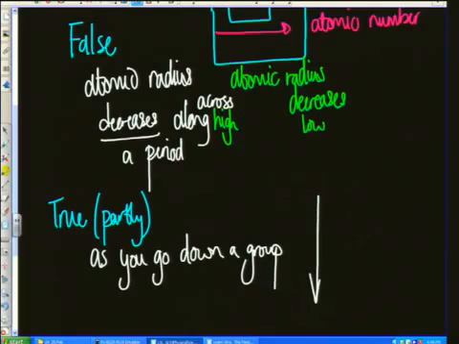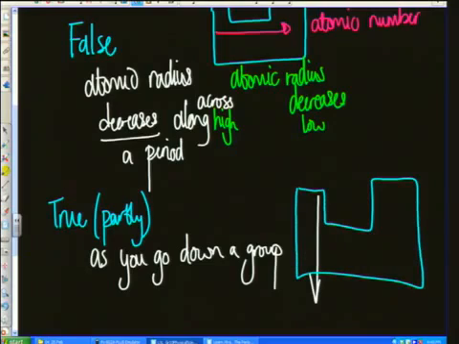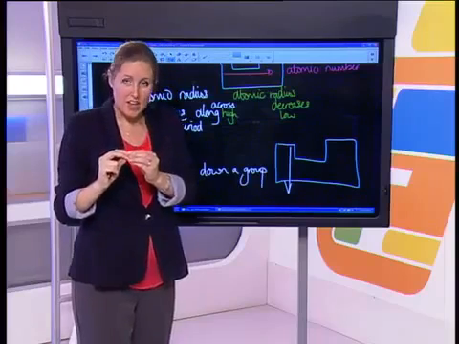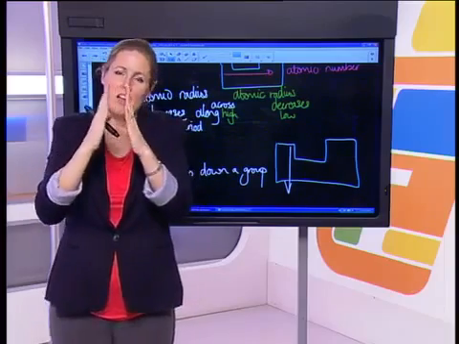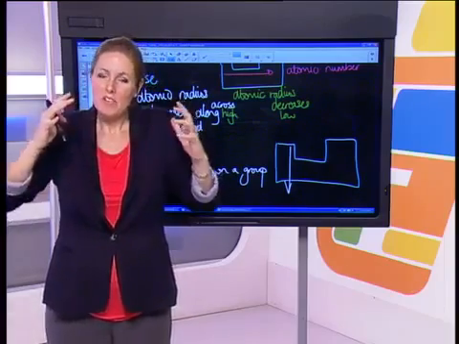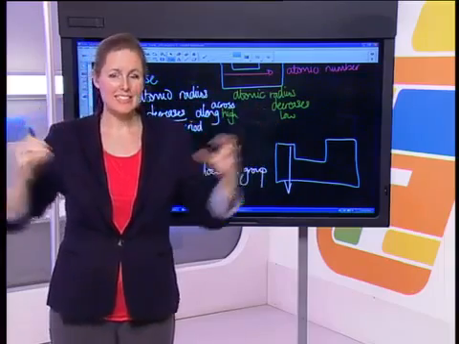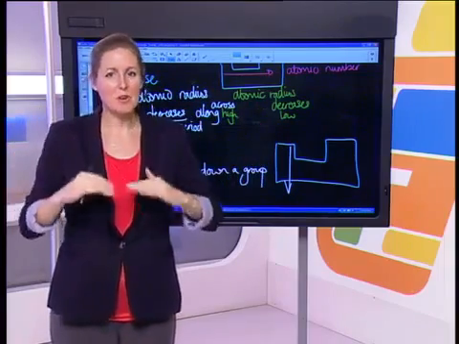So going down on that periodic table, and I'm going to sketch once again a quick periodic table. Okay, I just want you to see the general picture. As you go down within, say, group 2, or group 1, the number of energy levels is increasing each time you go down the group.